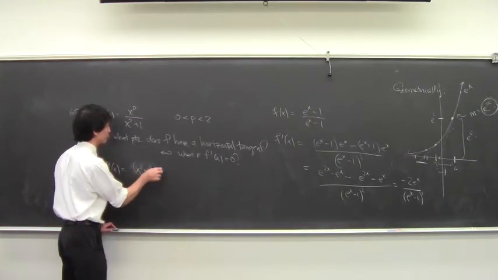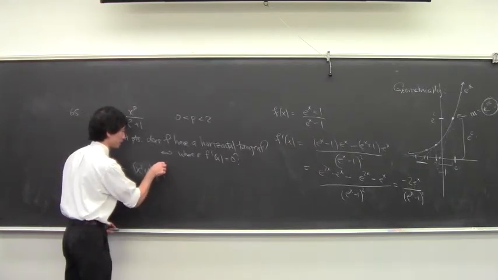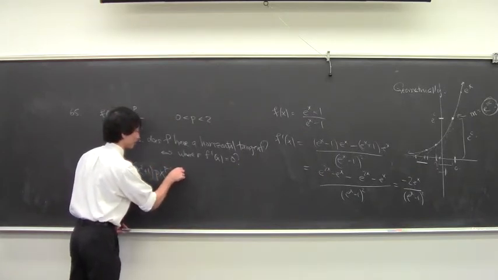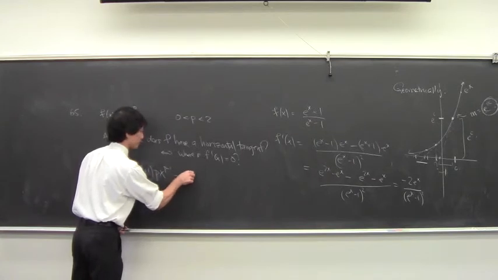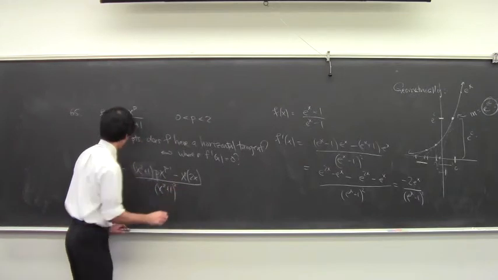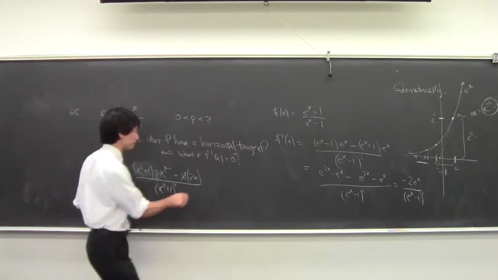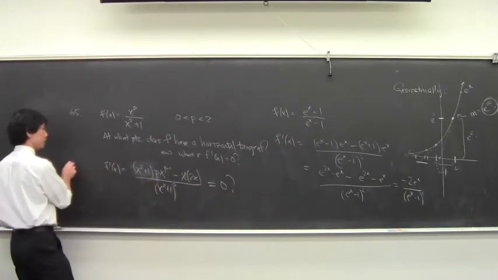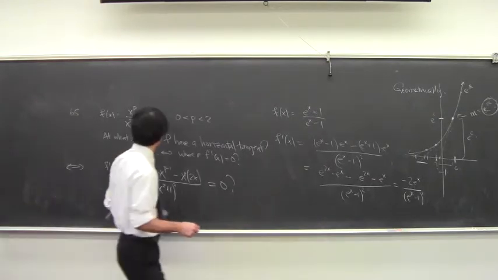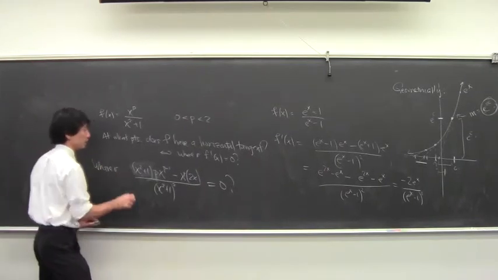So, x squared plus 1 times p x to the p minus 1, minus x to the p times 2x, all over x squared plus 1 squared. Okay. So the question is, where is this equal to 0, right? We've translated our question into this question. Where is this thing equal to 0?